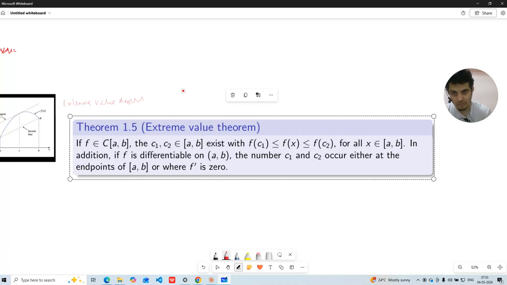In addition, if f is differentiable on (a, b), the numbers c1 and c2 occur either at the endpoints of [a, b], or where f dash is 0. So okay, that's a lot to digest in one go, so we're going to break it down.